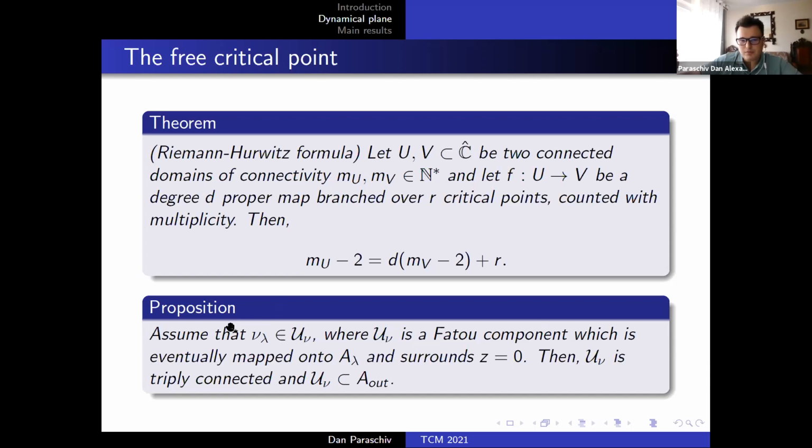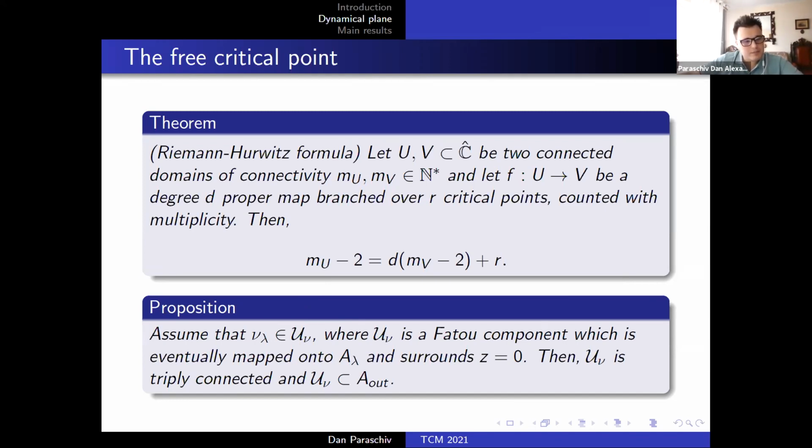Now we are going to assume that the free critical point in our family lies in an eventual preimage of A lambda. Since A lambda and D lambda are the only preimages of T lambda, and we want to make the assumption that all the points iterate towards infinity, then the free critical point must lie either in an eventual preimage of D lambda, the disk, or A lambda, the annulus, which maps with degree m plus d to T lambda.